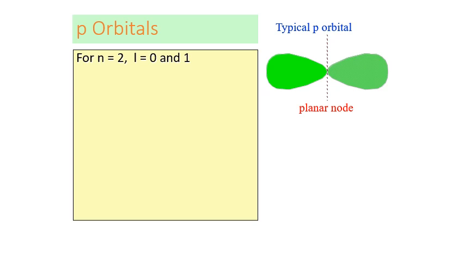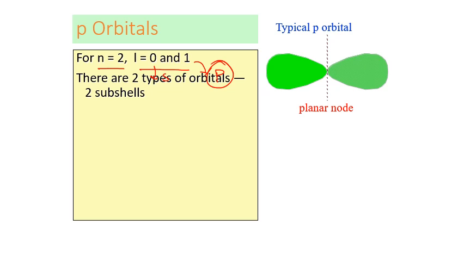Now for the p orbital, let's say for n equal to 2, the l values will be 0 and 1. l equal to 0 means it is the s orbital, which I have already discussed, and it is spherical in nature. For l equal to 1, it is the p orbital. Now there are two types of subshell.